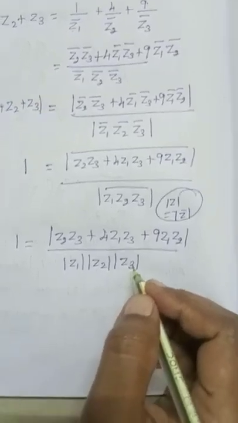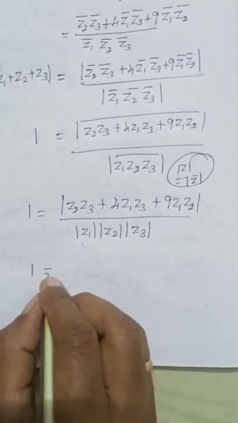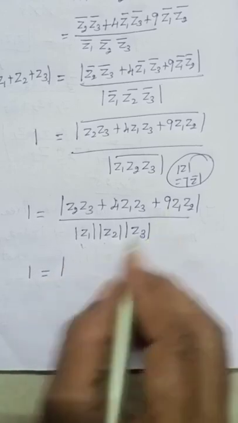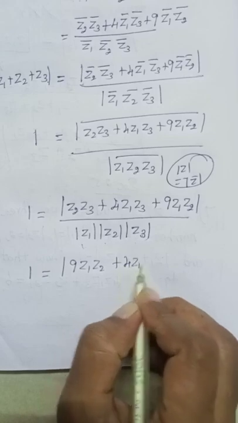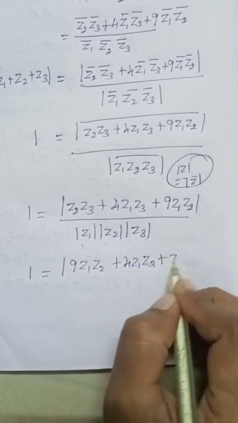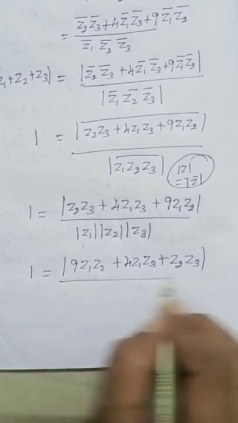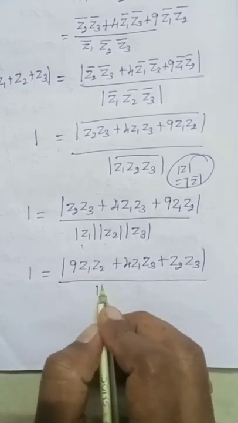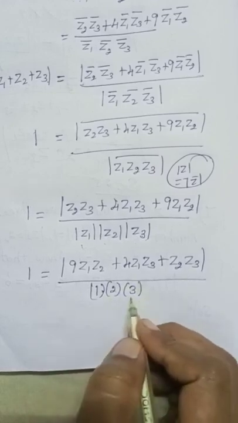Now I hope we can substitute the values of modulus Z1, Z2 and Z3. So 1 equal to modulus 9 Z1 Z2 plus 4 Z1 Z3 plus Z2 Z3. As per the answer I have rearranged. Denominator 1 into 2 into, Z3 they gave the value is equal to 3.